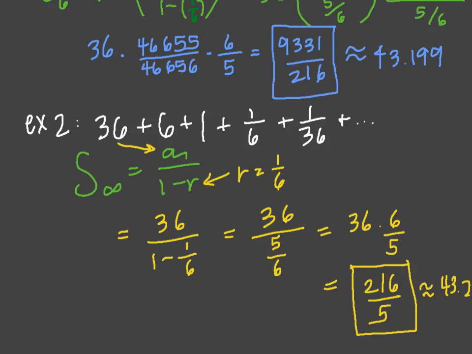We were super close to this because the numbers were already at this point at 1/36, very tiny. So as we continued on, when the common ratio was 1/6, a very tiny common ratio, the next term would have been 1/216th, which is basically adding nothing to it. So there's both of those, a finite geometric series and an infinite geometric series with the same set of numbers.